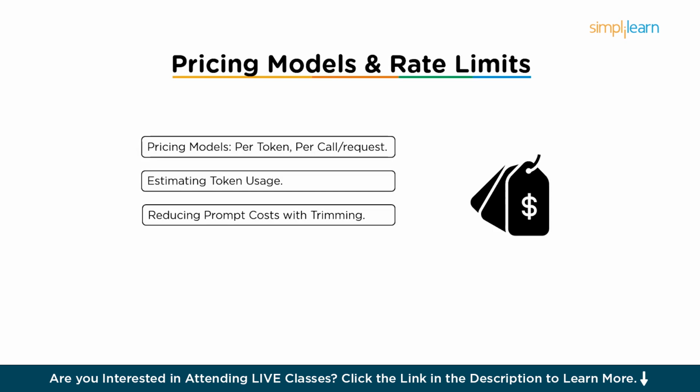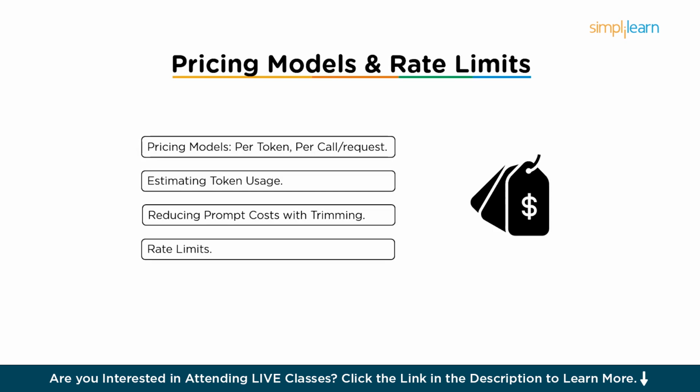Given the token-based pricing, a key optimization technique is trimming. As conversations grow, the cumulative token count of the conversational history sent with each new request can become very large and expensive. Trimming involves intelligent strategies to shorten the history sent to the LLM while retaining enough context. This might mean keeping only the last few turns or summarizing older parts of the conversation.